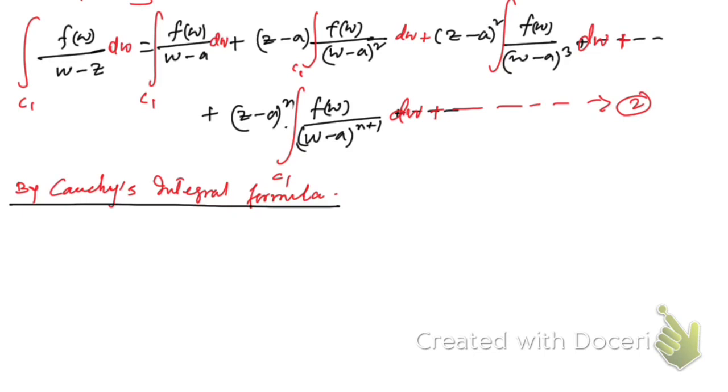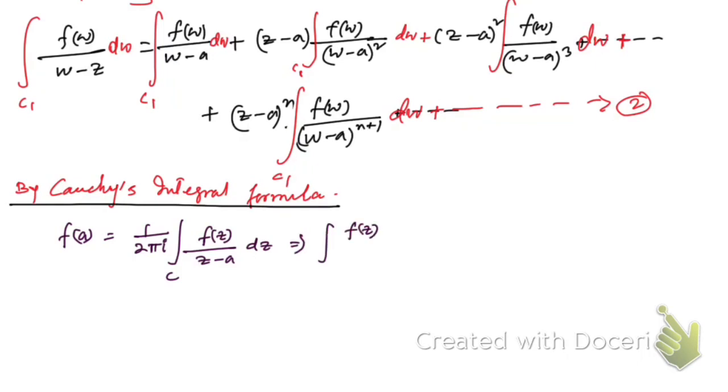What was that formula? f of a is equal to 1 by 2 pi i, integration along c, f of z by z minus a dz. That can be simplified as integration of f of z by z minus a dz is equal to 2 pi i f of a, right? So that's what we're gonna get by Cauchy's integral formula.